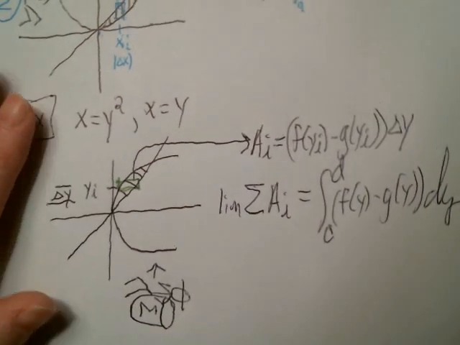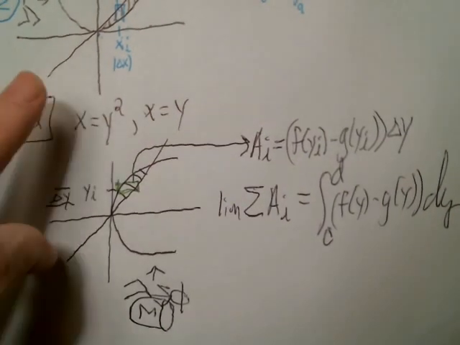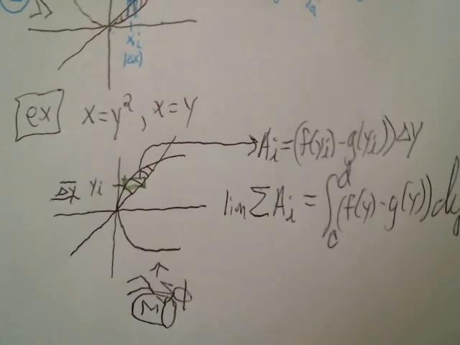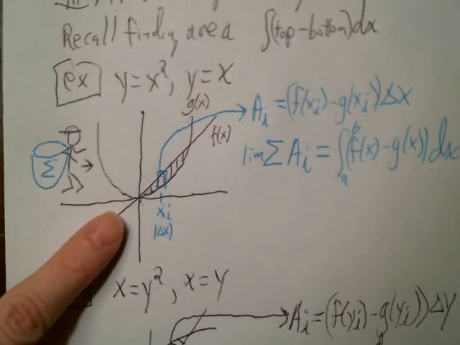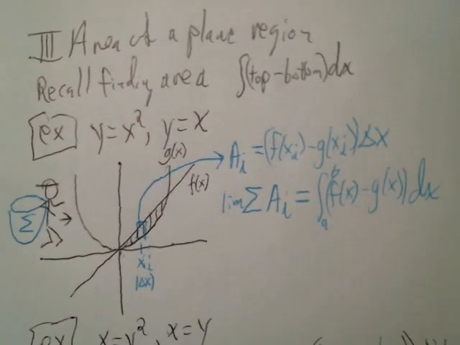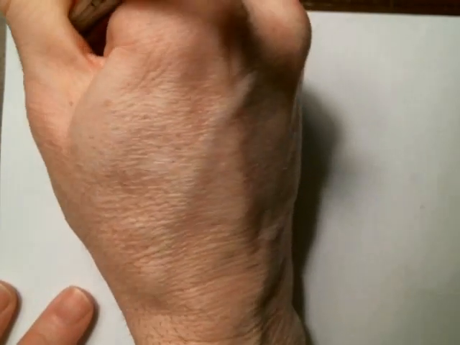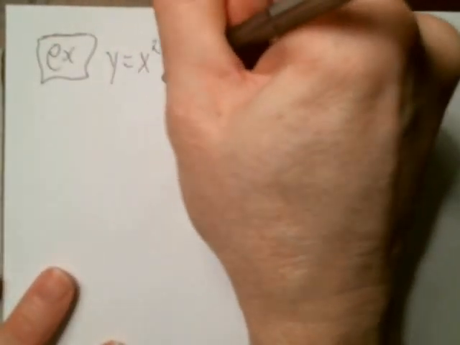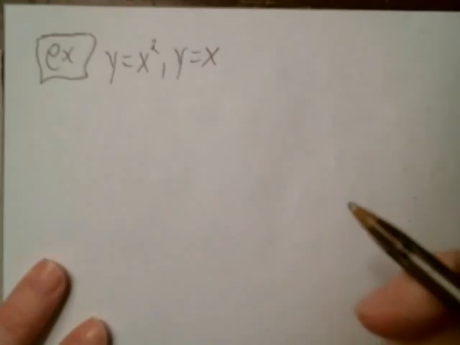And what I'm saying now is you could convert these two into double integrals. Okay, so let's look at the conversion of this one into a double integral. So I go back to my example, y equals x squared, and then y equals x, right?